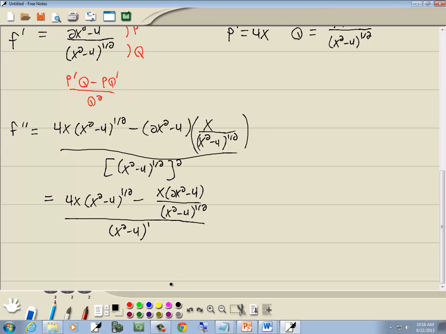And looks like I'm out of space here. So let me write this down. 4x times x squared minus 4 to the 1/2 minus x times 2x squared minus 4 over x squared minus 4 to the 1/2, all over x squared minus 4 to the first power.